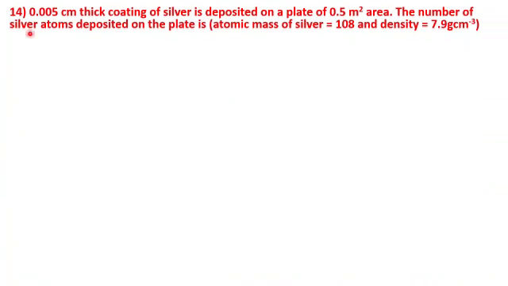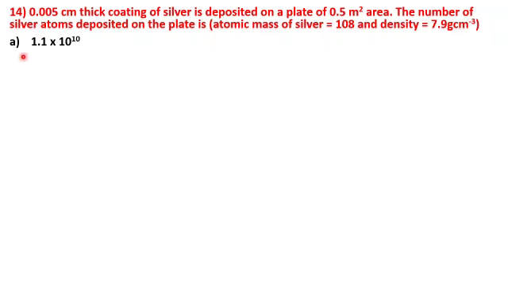Question number 14. 0.005 centimeter thick coating of silver is deposited on a plate of 0.5 meter square area. The number of silver atoms deposited on the plate is dash. So atomic mass of silver is given 108 and density is given 7.9 gram per centimeter cube.